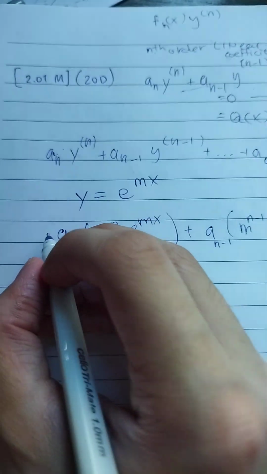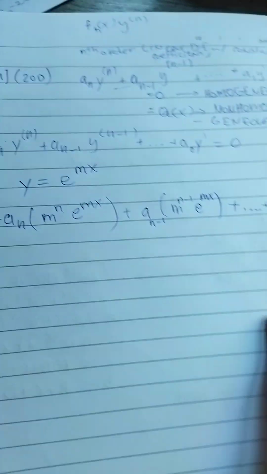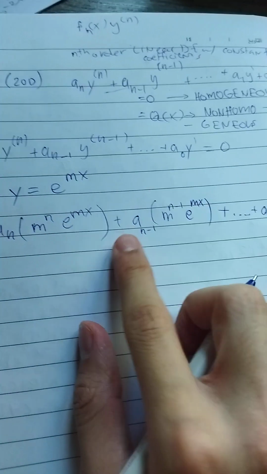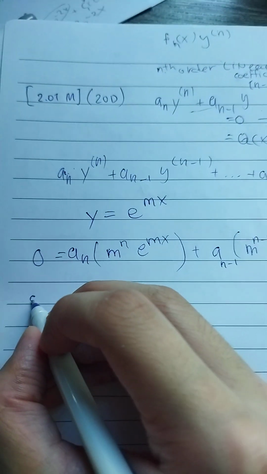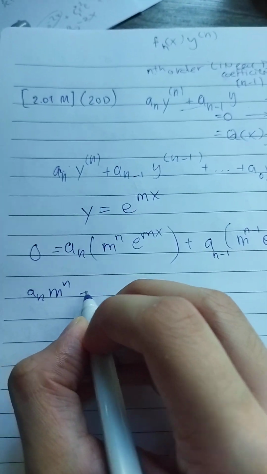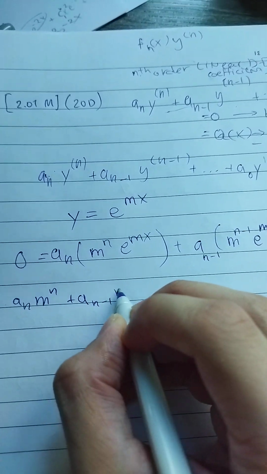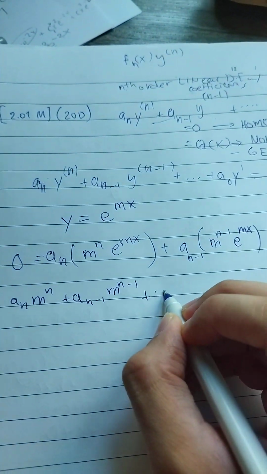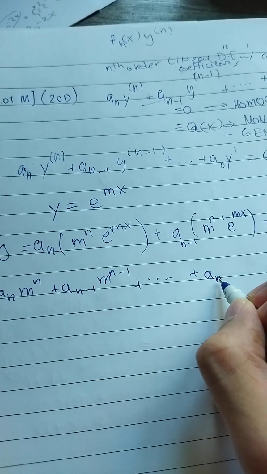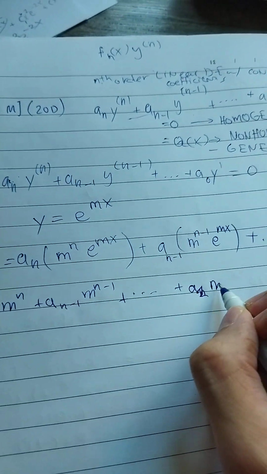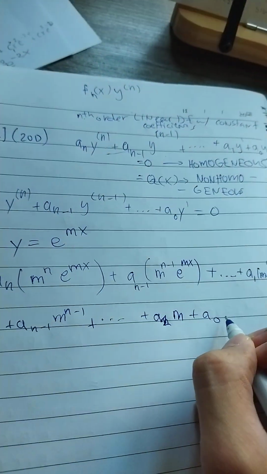And since we're studying a homogeneous equation in this case, we can factor out the e^(mx). So you simply reduce the equation to a_n m^n plus and so on, plus a_1 m plus a_0 equals 0.